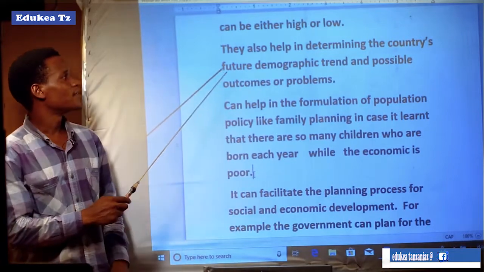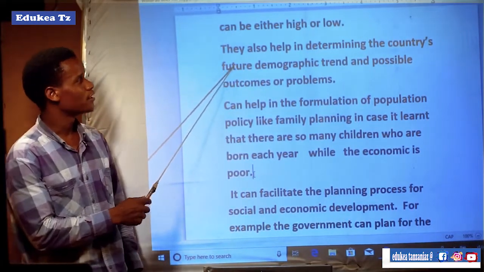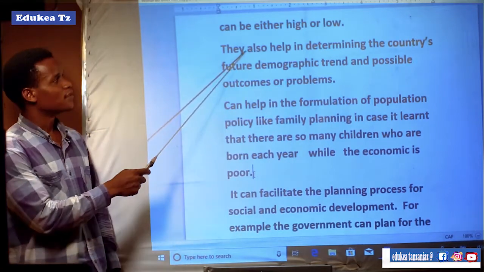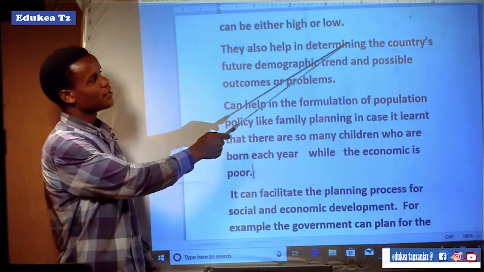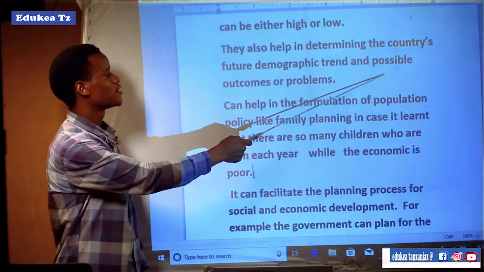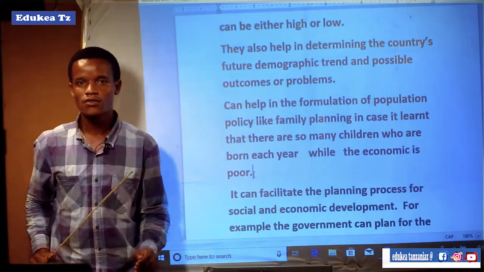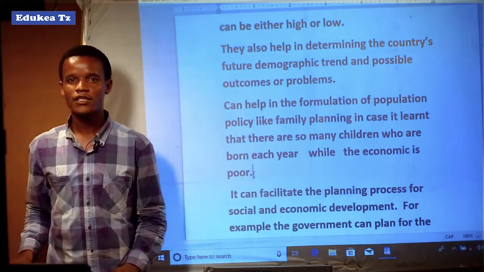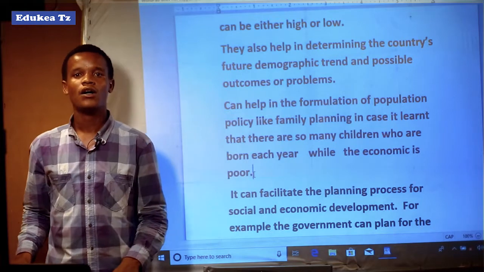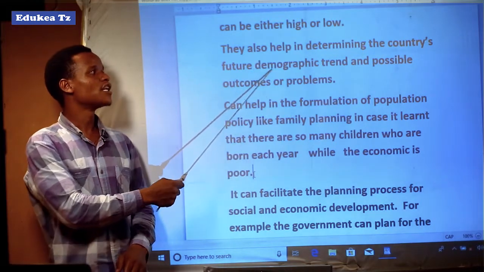Okay, let us see another importance of population structure. It also helps in determining the country's future demographic trend and the possible outcomes or problems. It is through studying the population structure of a certain place that we are able to determine the future demographic trend.